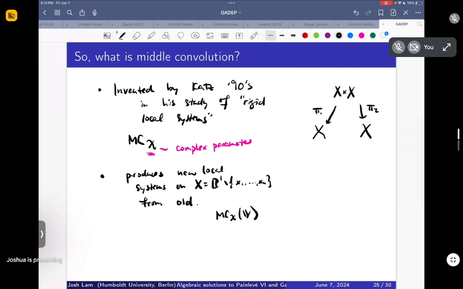It's kind of a usual formula. We first pull back to the product, pi_1 upper star. And then this parameter, chi, will give another local system on the product itself. So then we can tensor by it and then push forward.